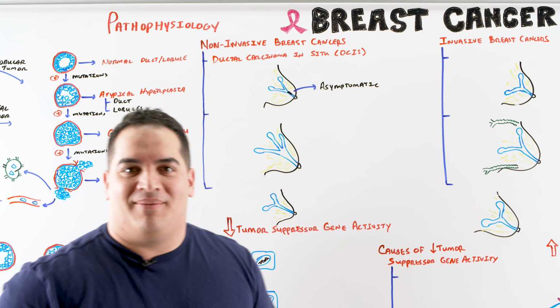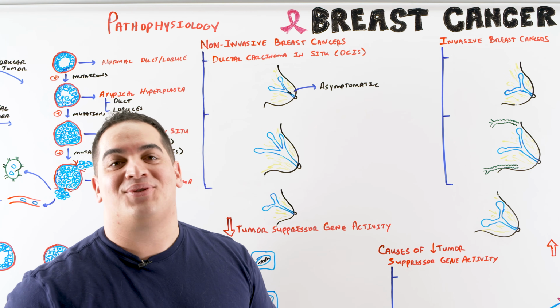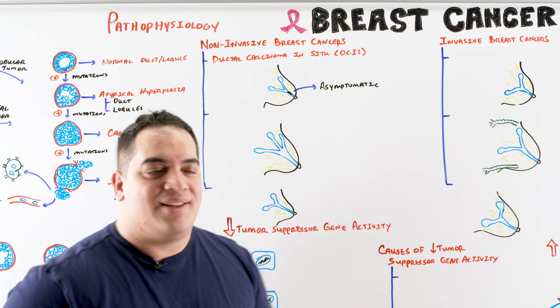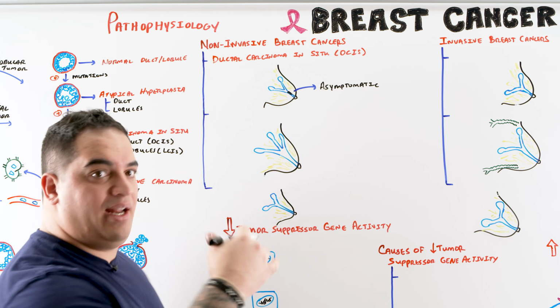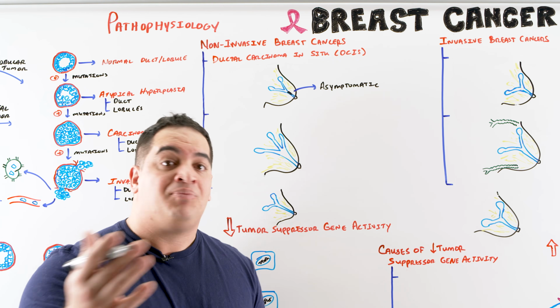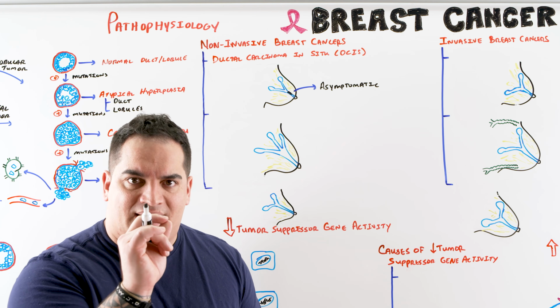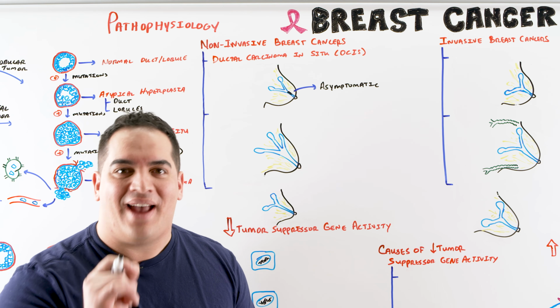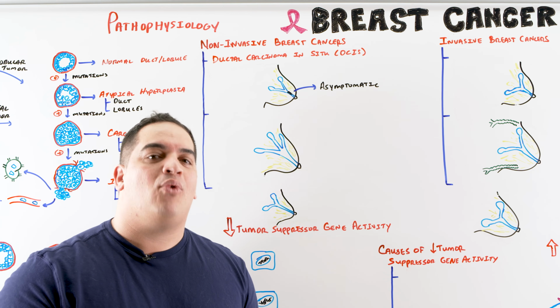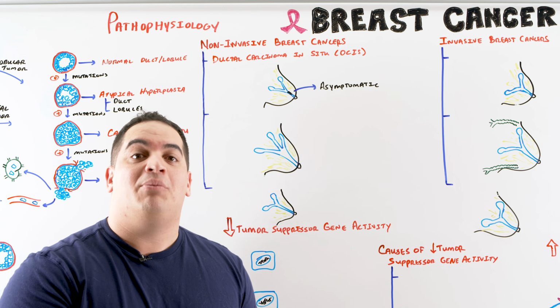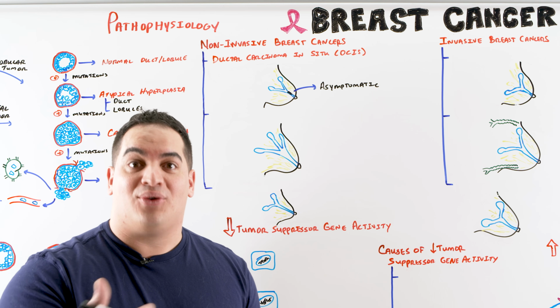How do we usually find this then? It's usually an incidental finding. A patient gets an ultrasound or a mammogram, usually a mammogram, and on the mammogram they see calcifications, like microcalcifications. That's somewhat indicative that it could be a patient who has ductal carcinoma in situ.